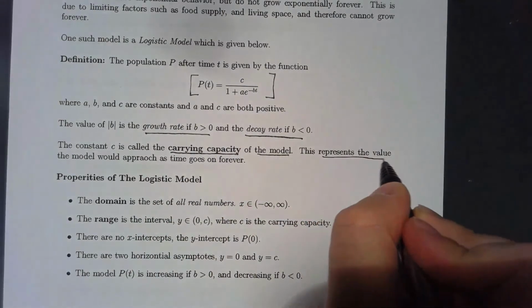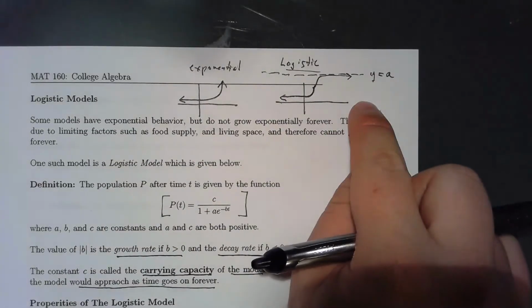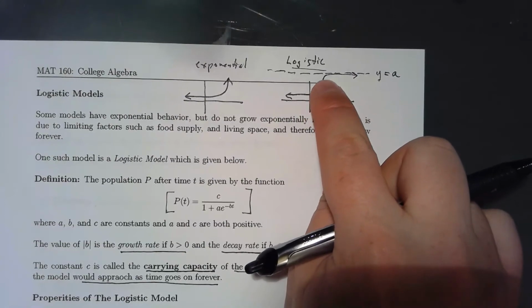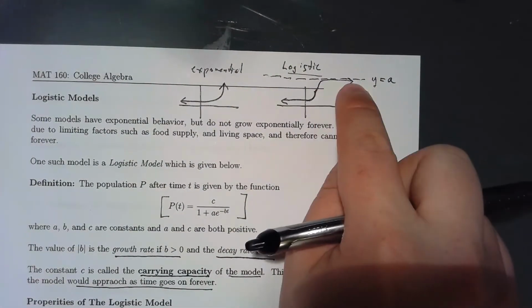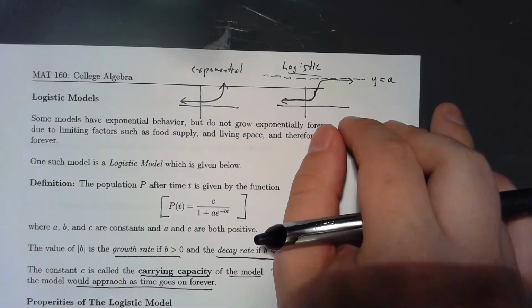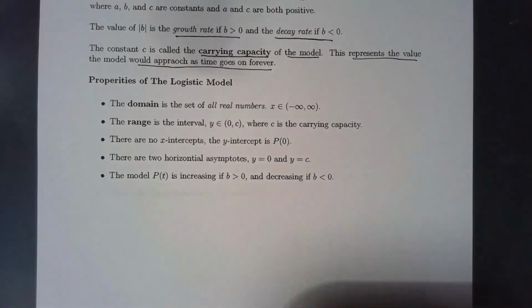That represents the value the model would approach as time goes on forever. So as time goes on forever, the population is going to approach some limiting amount. It's going to approach a carrying capacity, which means it won't go any higher than that. The population can't exceed that value, otherwise it won't survive, because there's not enough food, there's not enough water, whatever.